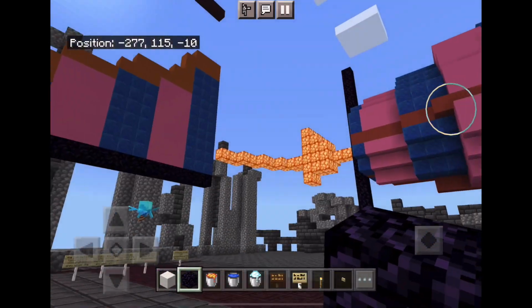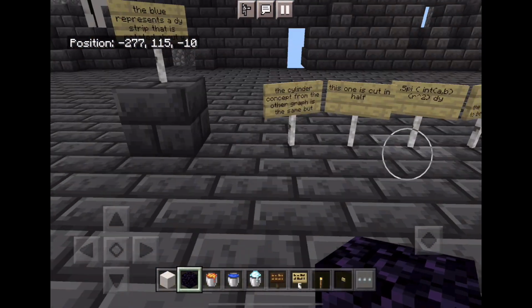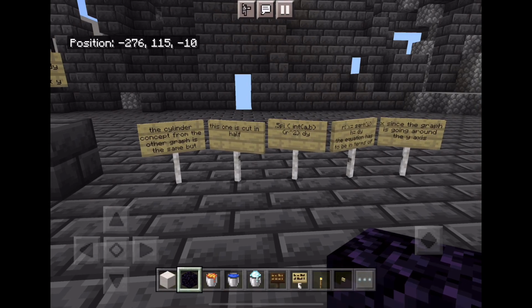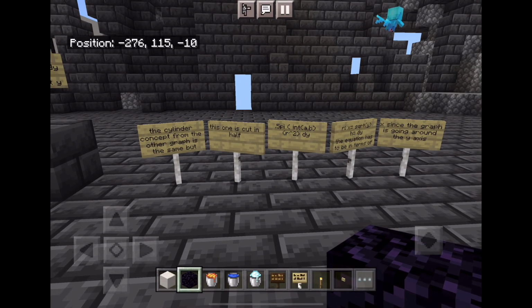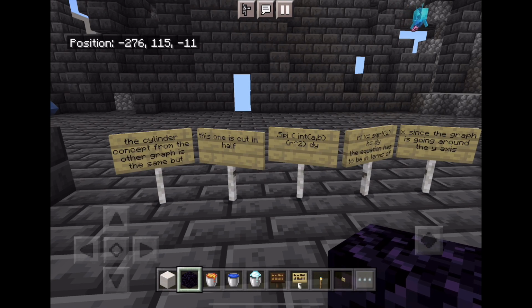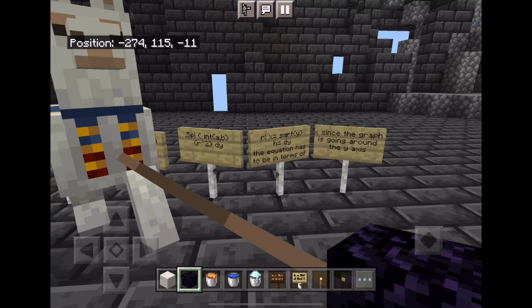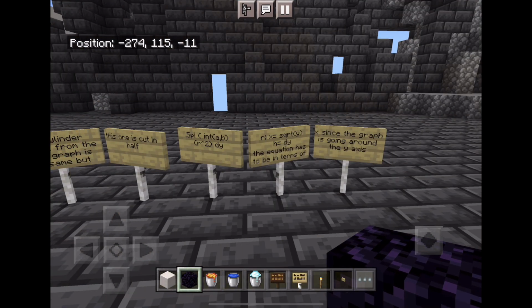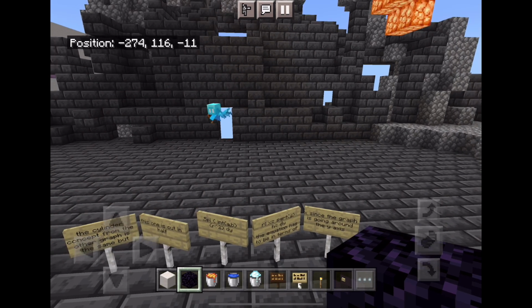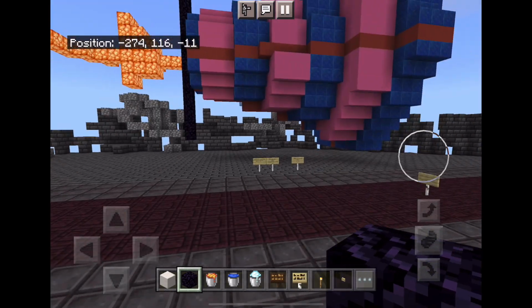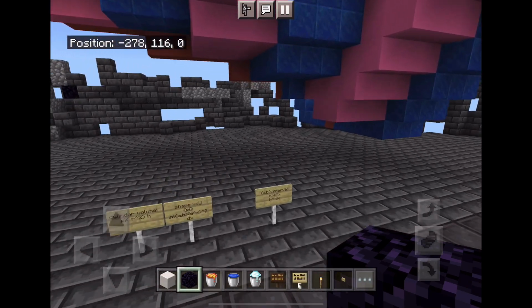The cylinder concept from that graph over there still applies, but this one is cut in half. Where a cylinder would usually be pi r squared times height, this one is the same thing times 1/2. So you do 1/2 times pi times the integral from a to b of r squared dy. This time r is in terms of the x equation.